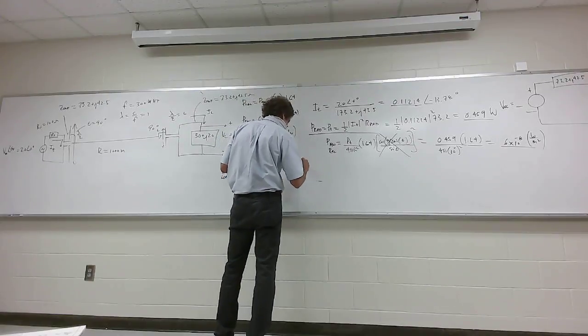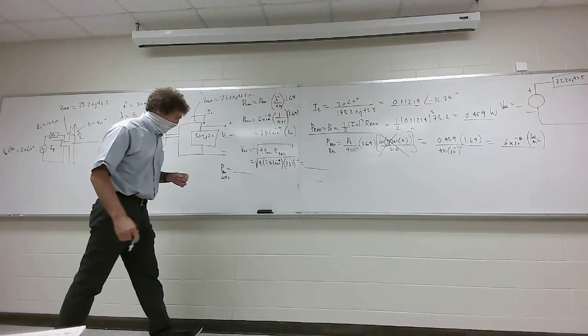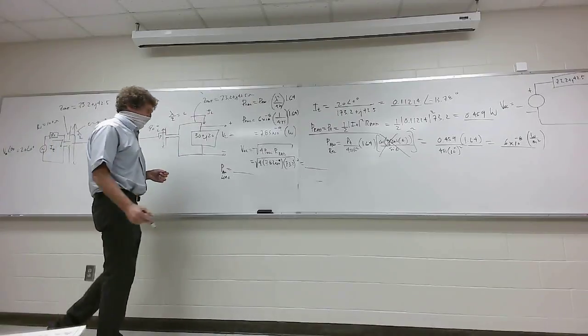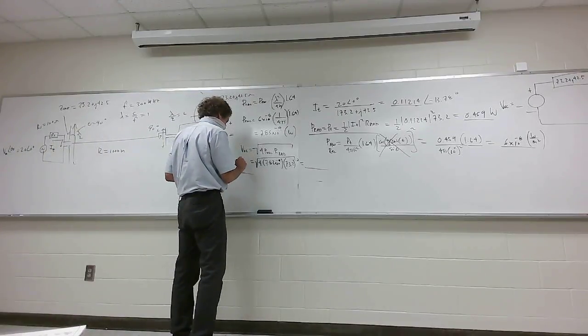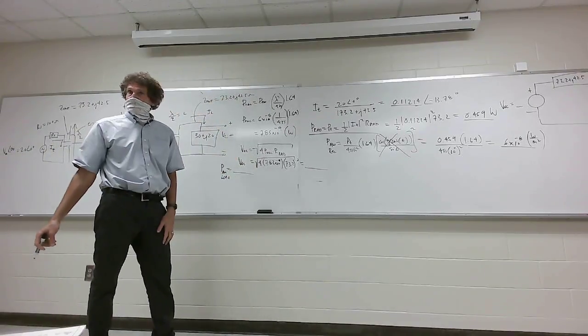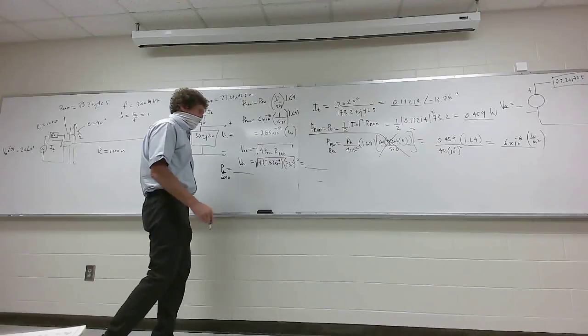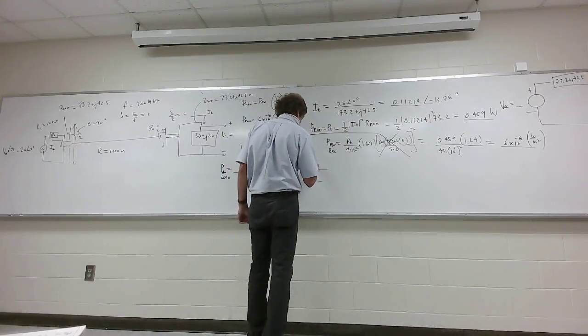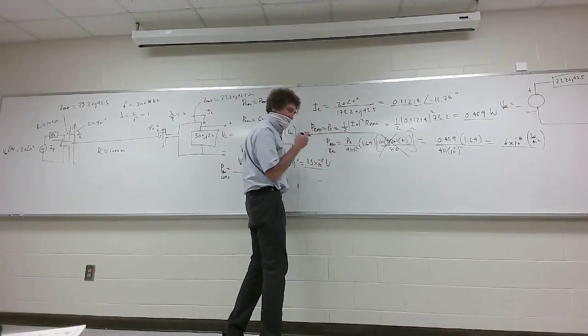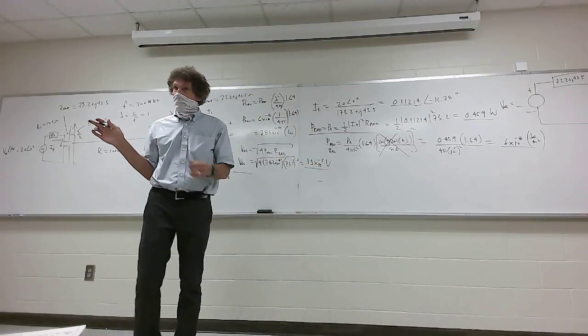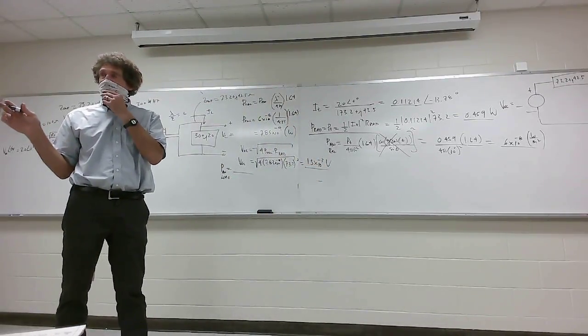Square root of that, and I cannot do that one in my head for sure. Anybody want to tell me what that is? 1.5 times 10 to the minus 3, and that would be volts. Remember, it's a peak value. Y'all with me? All right.